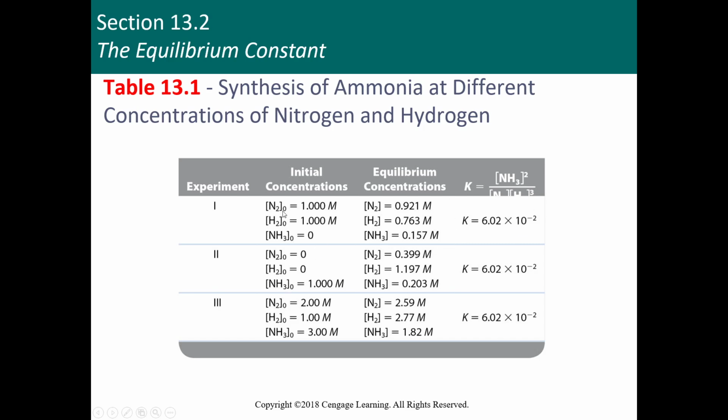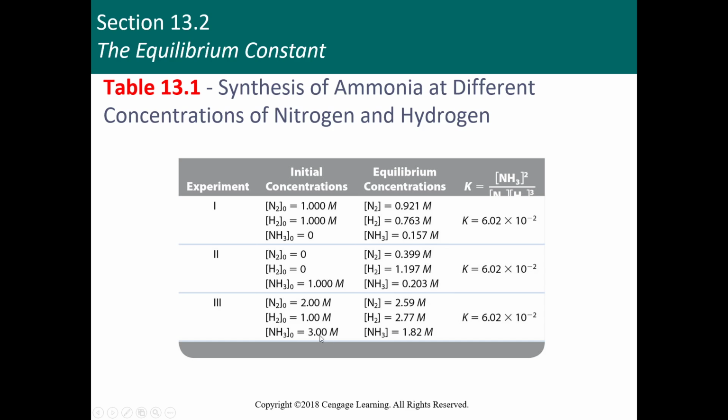Okay, so what if instead of starting with these reactants here, nitrogen and hydrogen, we instead start with NH3? Well, what we end up doing is we make a different equilibrium concentration setup, but we're going to have the exact same K.